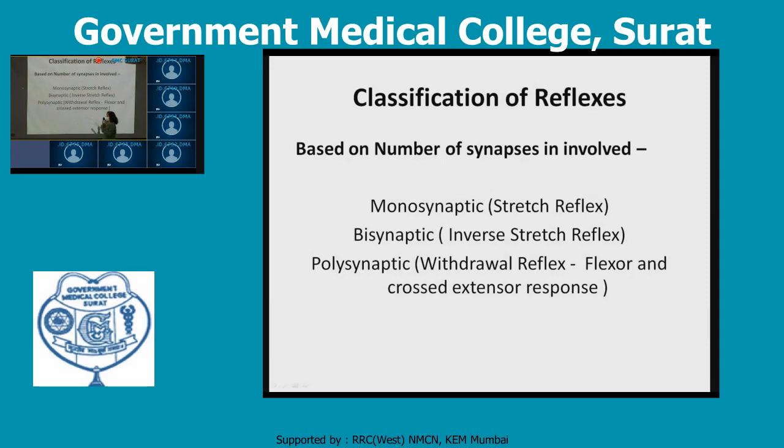That constitutes the monosynaptic stretch reflex. Tendon reflexes are monosynaptic; whenever we elicit any jerk, it is a monosynaptic reflex. Then the Golgi tendon organ reflex is bisynaptic, that is, two synapses are involved.